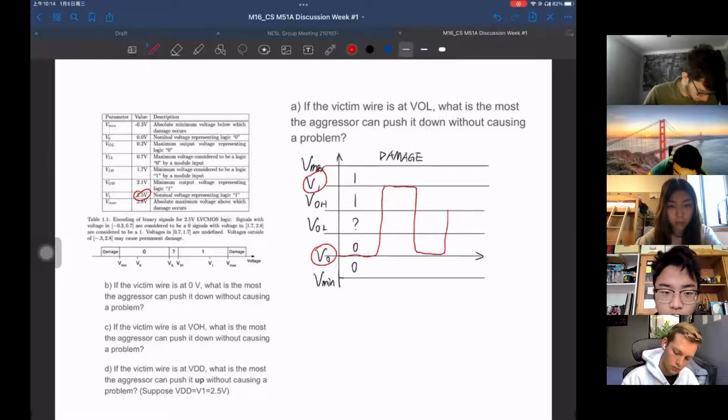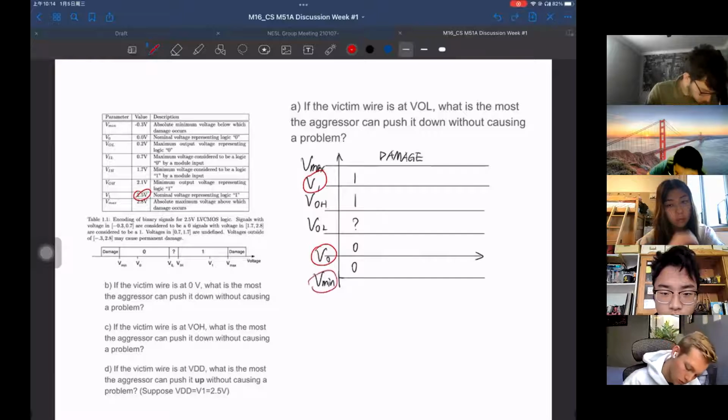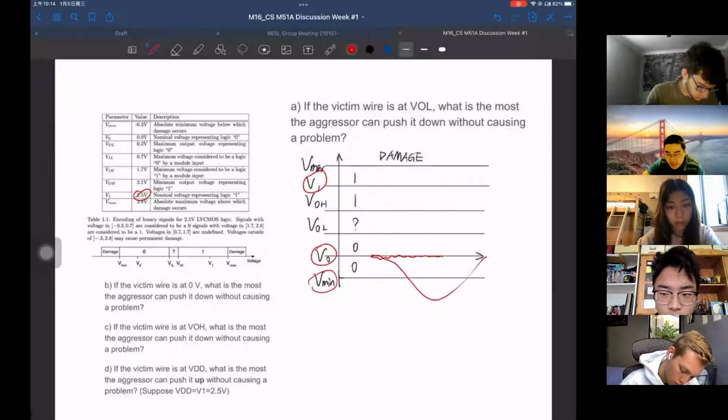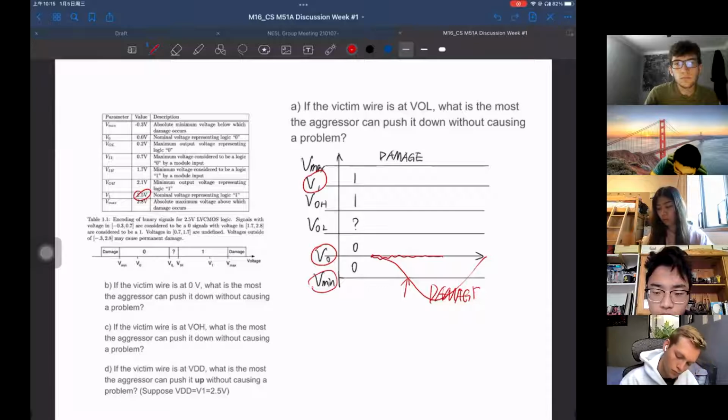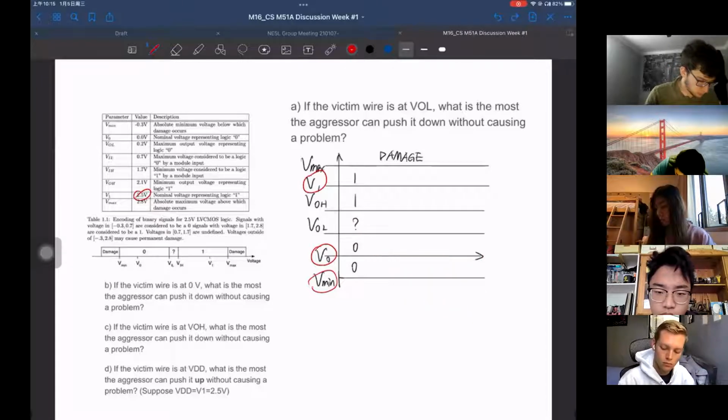Zeros and ones should be like this, and we have V minimum. Let's say this is our normal signal, but then we get some interference, which makes the signal look like this. Once it passes the minimum threshold, it will cause damage. That's clear, right?